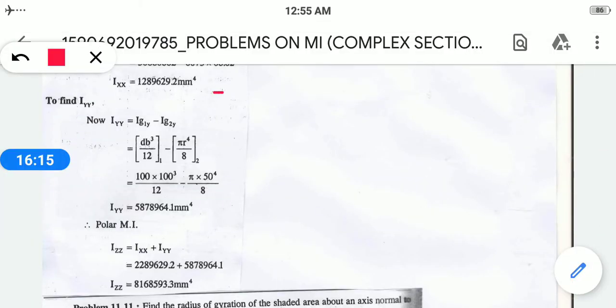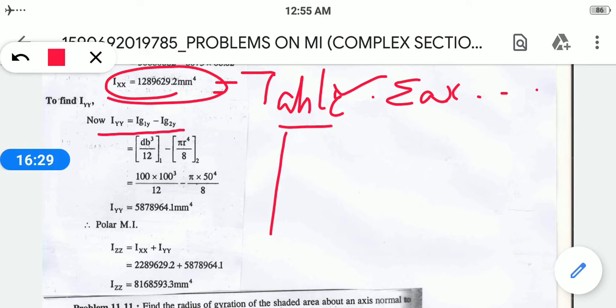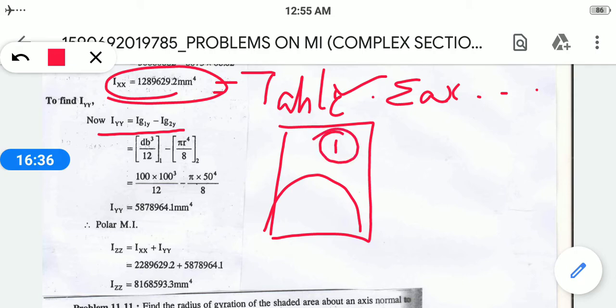One is your table method. If you want to do the table method, adopt your summation of ax also in the substitution and get both Ixx and Iyy using the table. If not, adopt this formula. There are two components, that is rectangle and semicircle. So for the first component they had taken db cube divided by 12.